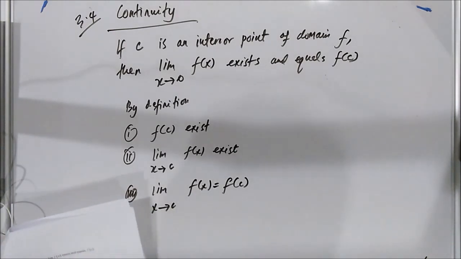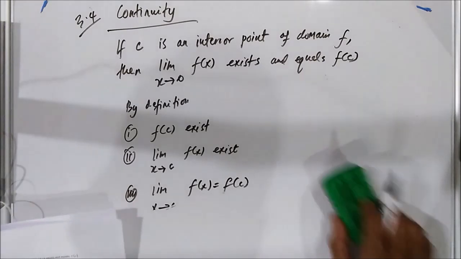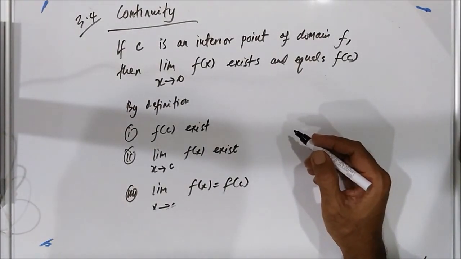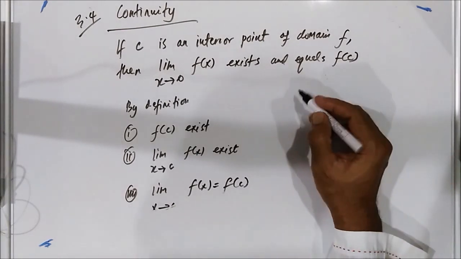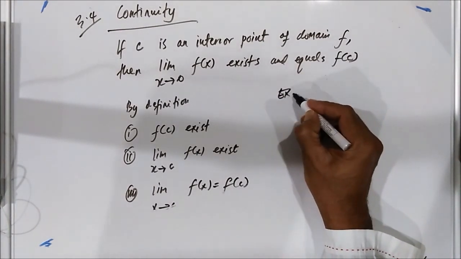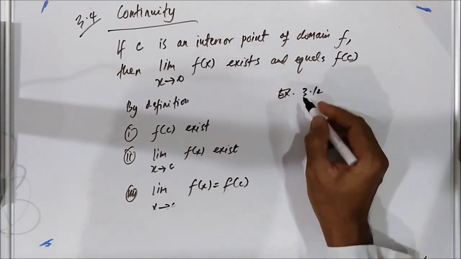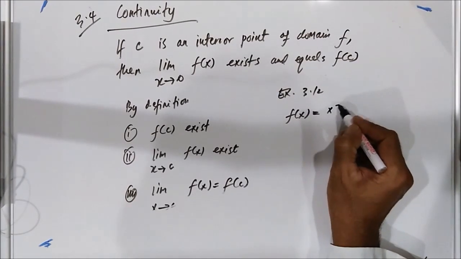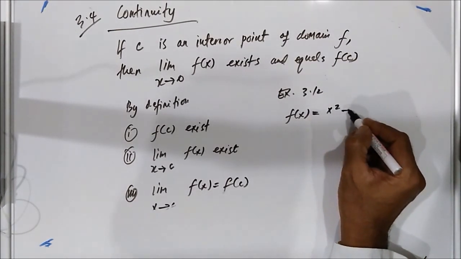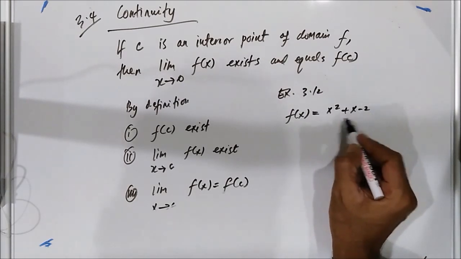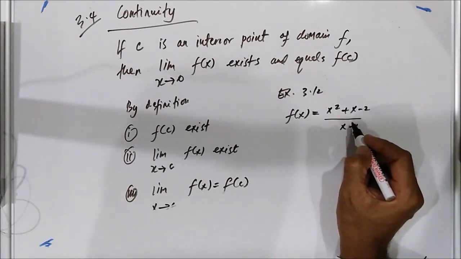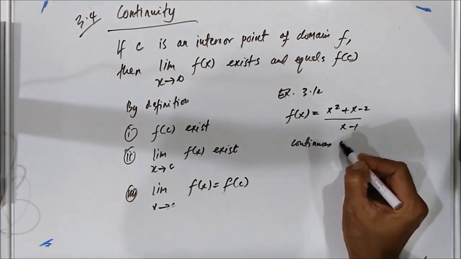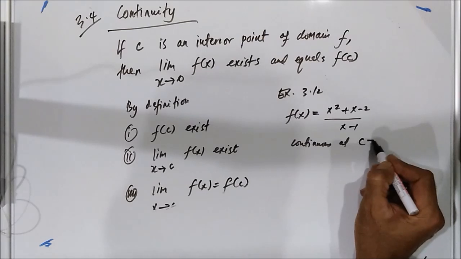Okay, now look at example 3.12. We want to test whether f(x) equals (x squared plus x minus 2) over (x minus 1) is continuous at c equal to 1.